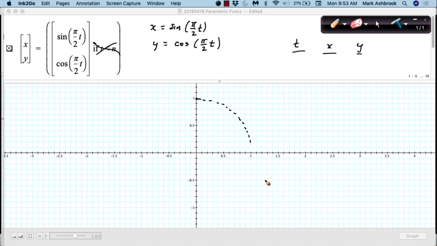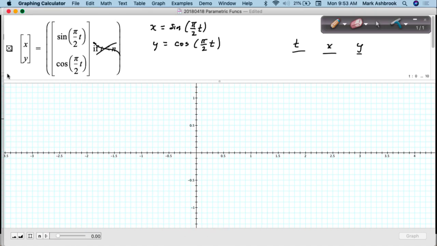In fact, I'm going to show it. It was nice. Okay, so as we go from 0 to 1, here's what happens. Here's what we get. All right, and then as t goes from 1 to 2, the x-coordinate will go from 1 back to 0.